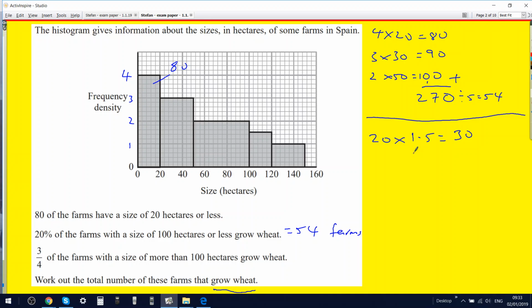And then for 120 to 150, that's like, so yeah. Sorry, so 30 times 1 is 30. And then do I need to do 60 times 3/4? Mm-hmm. And I think that's 45. Yeah.